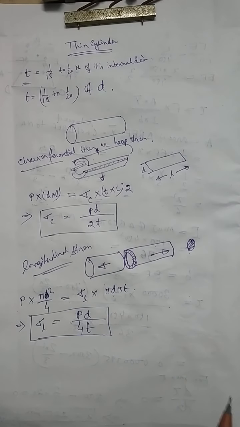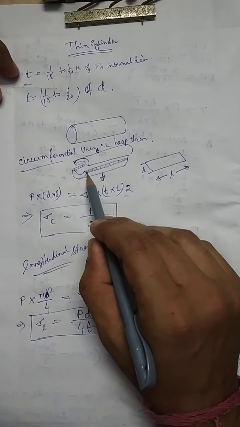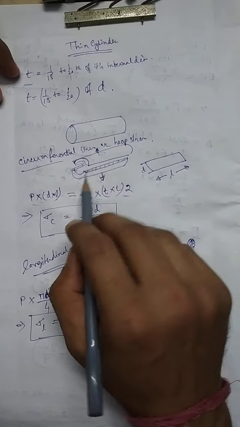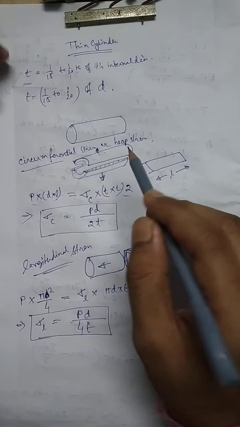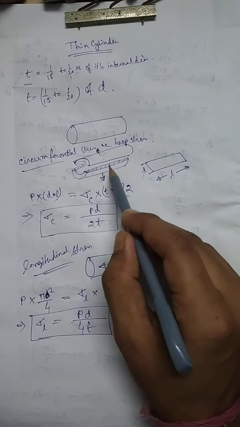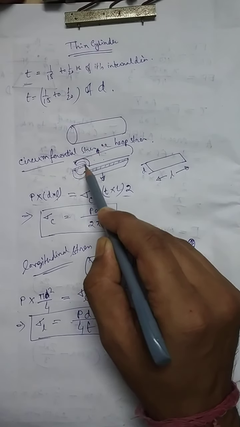Now if this cylinder has been made by joining two parts of the same material like this, here there will be one joint, here there will be another joint.